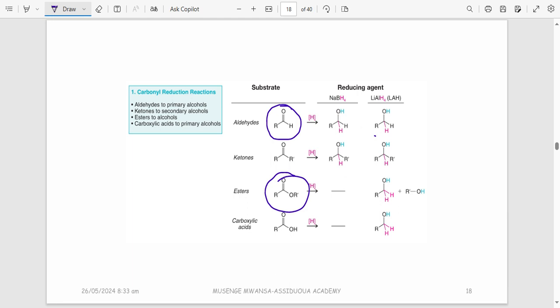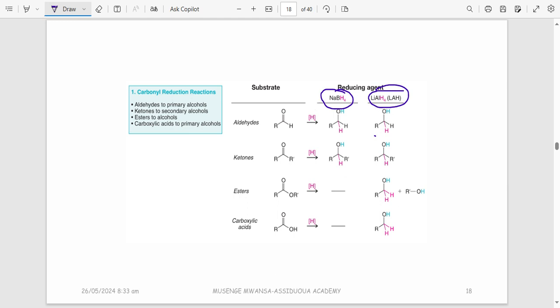But one important thing that I want you to take note of is that there are two other reactants that we can use, and these are known as reducing agents. We can use sodium borohydride. We talked about these reactions, remember, when you're talking about alcohols, and lithium aluminum hydride, or LAH.